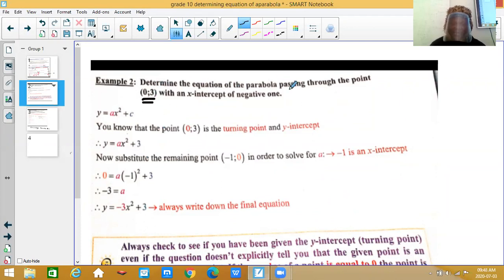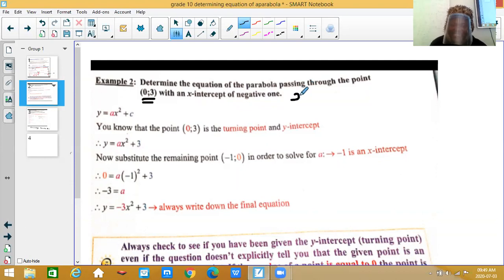Determine the equation of the parabola going through the point with the x-intercept at -1. So the x-intercept is at -1.